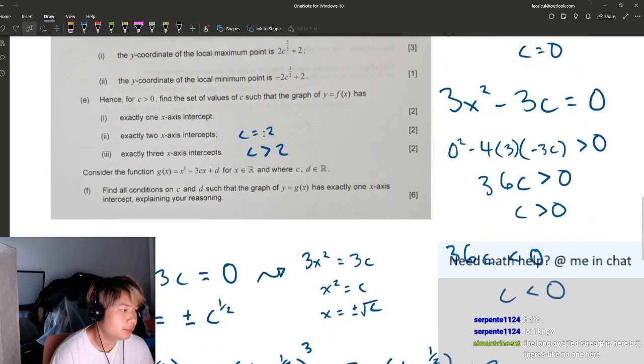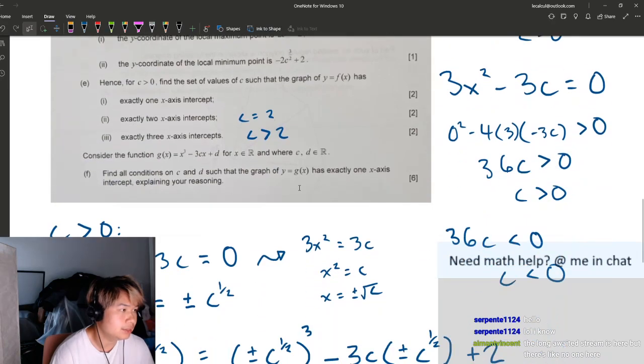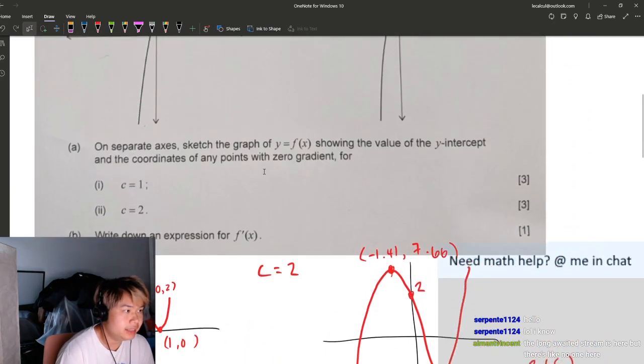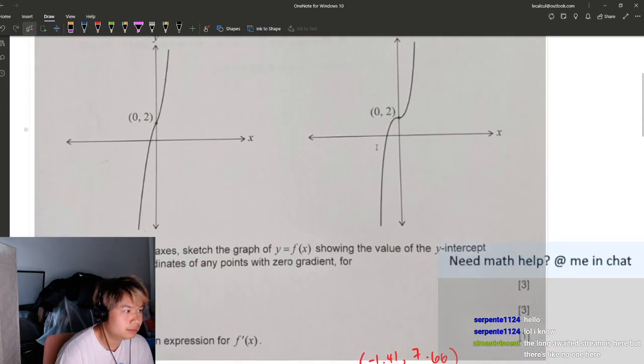And then as you saw before, if c is going to be less than 2, then you're probably only going to have 1 x-intercept. And again, all of that you can kind of see in the 4 graphs that you're working with.